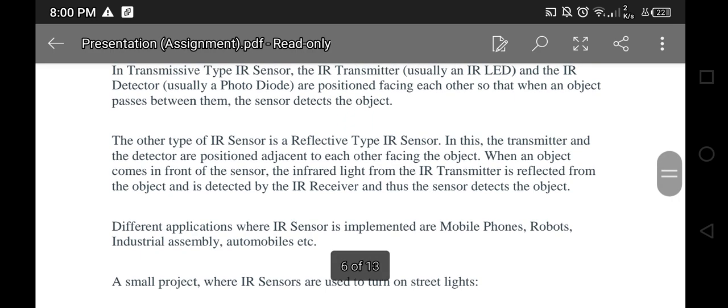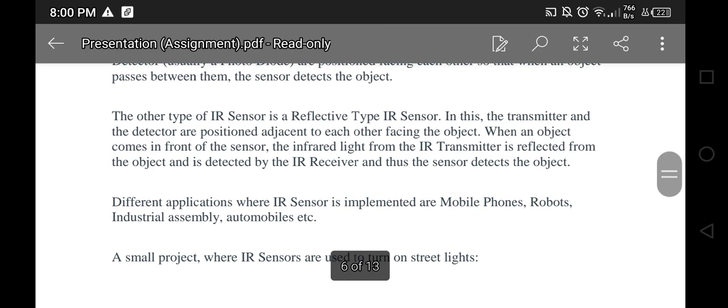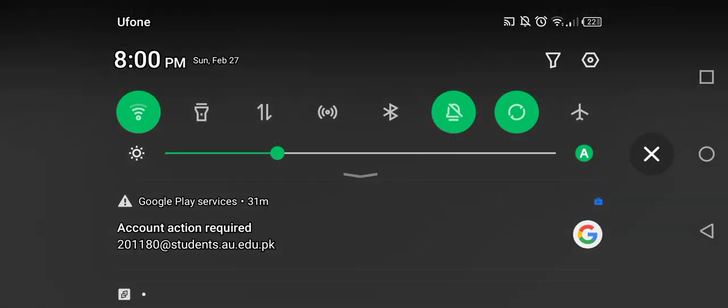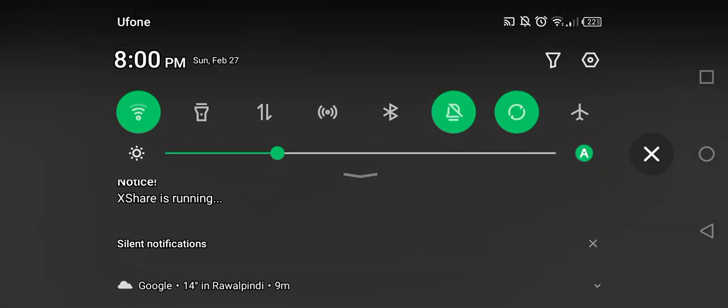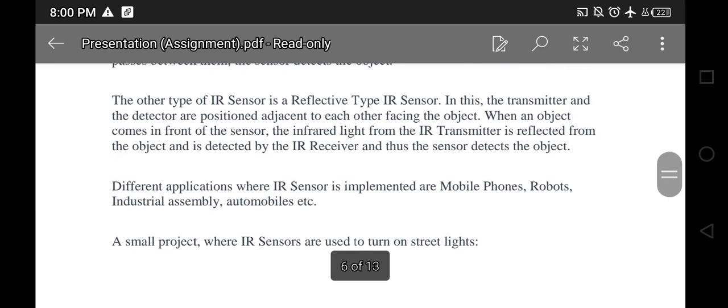In this, the transmitter and the detector are positioned adjacent to each other facing the object. When an object comes in front of the sensor, the infrared light from the IR transmitter is reflected from the object and is detected by the IR receiver, and thus the sensor detects the object.